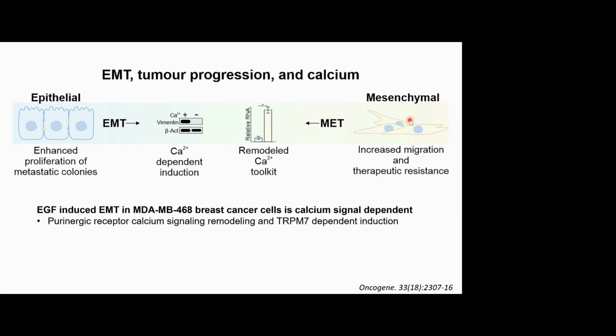And so Felicity demonstrated with her model in 468 breast cancer cells that EMT was calcium dependent, that purinergic receptor signaling was majorly remodeled, and that TRPM7 could actually control the induction of EMT. And a variety of groups around the world have now shown that EMT is calcium dependent, and different cancer cells seem to use different calcium channels to induce their EMT status.